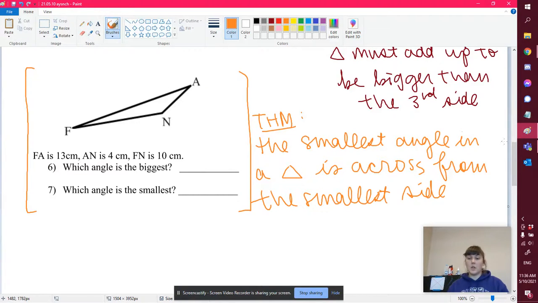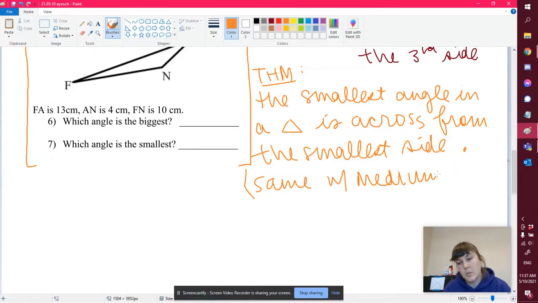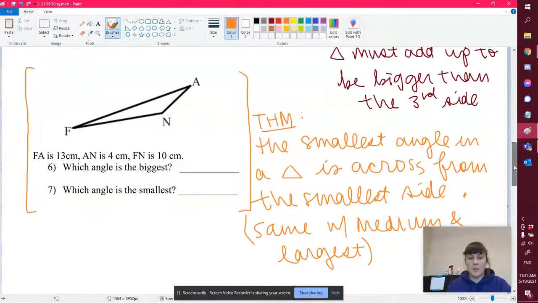Same with largest, and same with the medium one. That should help you figure out which is the smallest angle because we know how big the sides are.